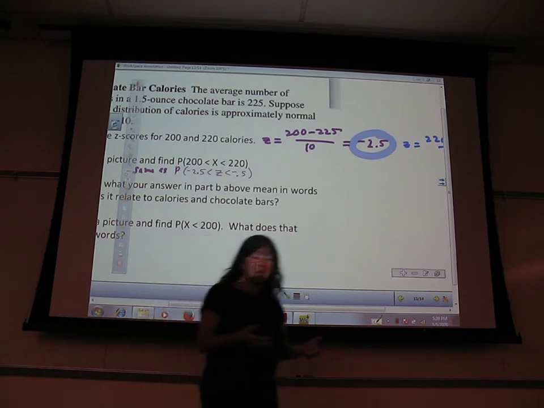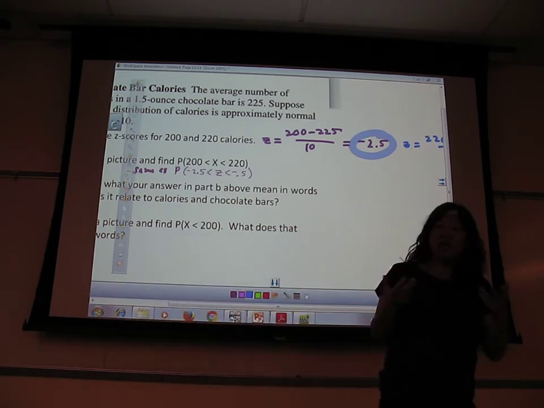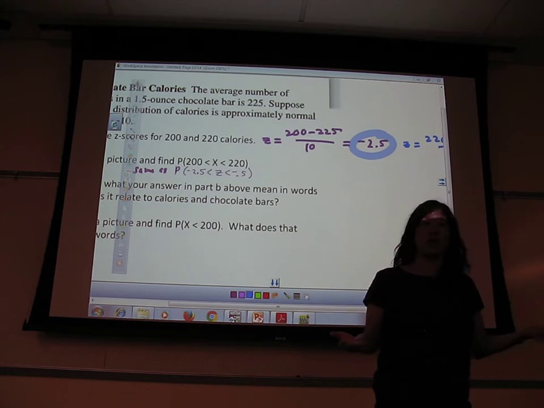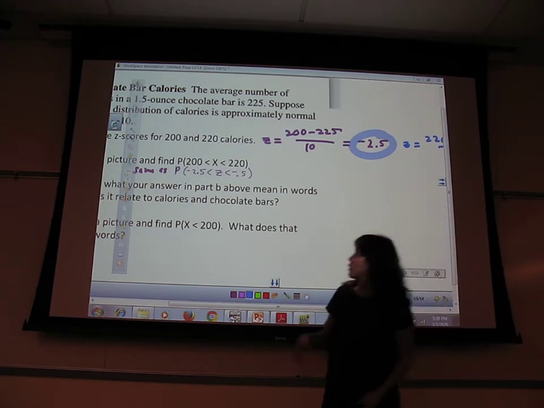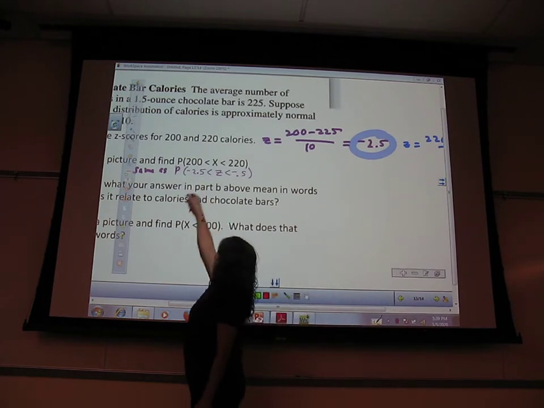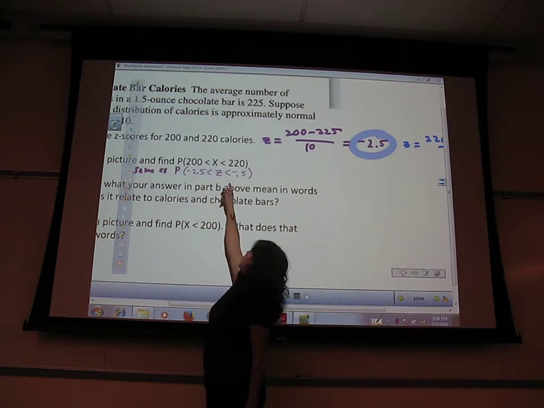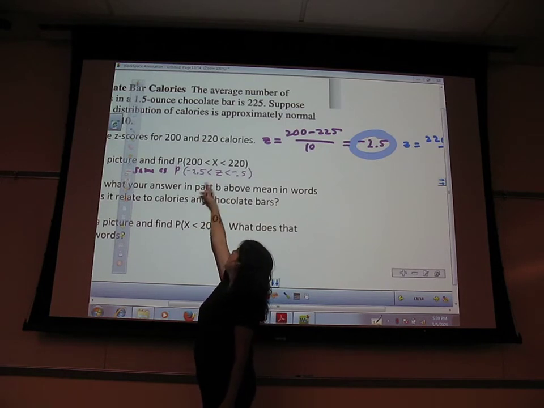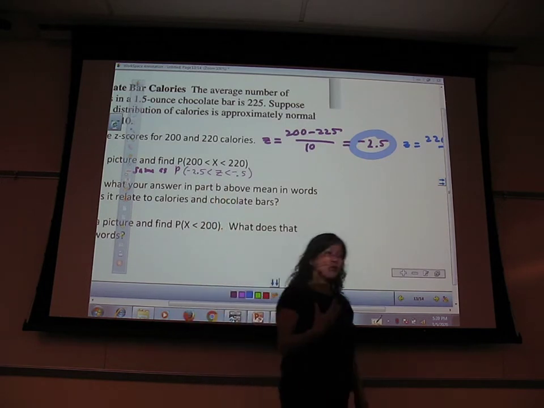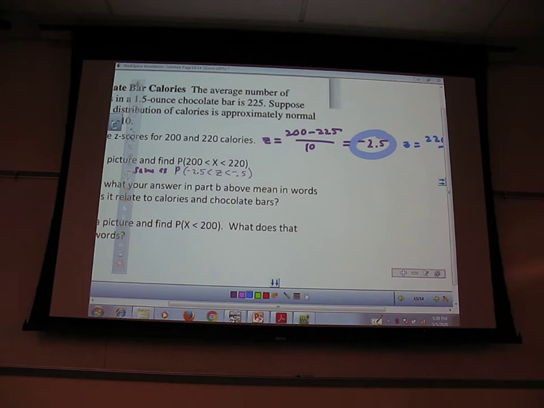The x's, the calories being between 200 and 220, is the same thing as their z-scores being between whatever their z-scores is. The z-score for 200 is negative 2.5. The z-score for 220 is negative 0.5. So the calories being between 200 and 220, the same thing as the z-scores being between negative 2.5 and negative 0.5. Those mean the same thing.